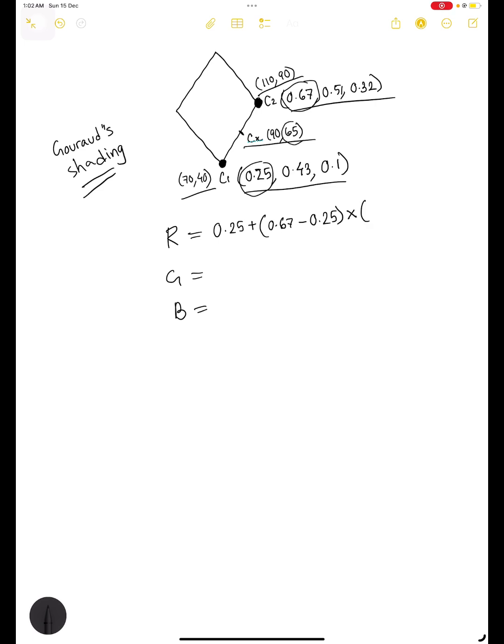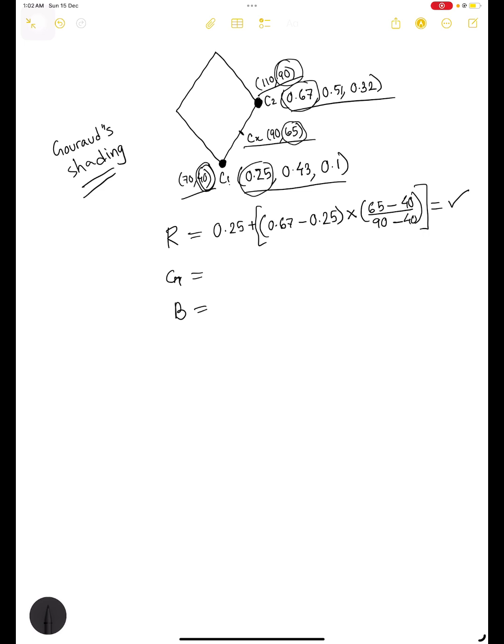The y coordinate of CX is 65 minus that of C1, which is 40, divided by the y coordinate of point C2, which is 90, minus 40 again of C1. Now doing this, we will find the value for the R component of CX.